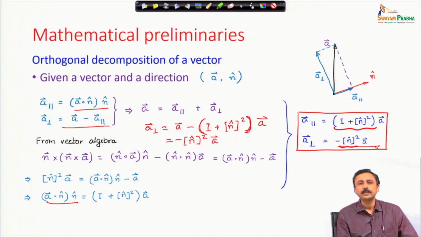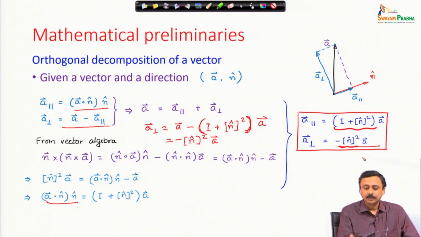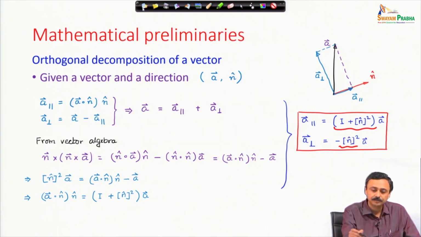This is how we finally represent the A parallel and A perpendicular as just some matrix operating on the A vector, and these two matrices are I minus n square Rodrigues form, and I plus n square Rodrigues form, that is minus n square Rodrigues form. So, if I have the Rodrigues form of n, I will just square it up, and once I have the square, I can easily find out A parallel and A perpendicular.